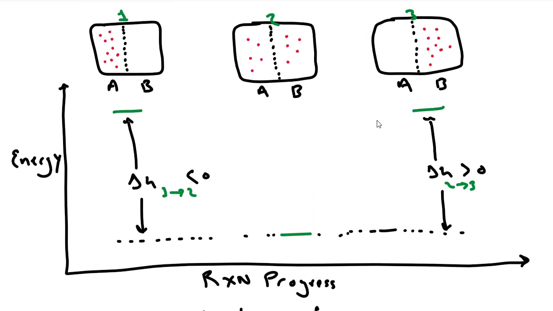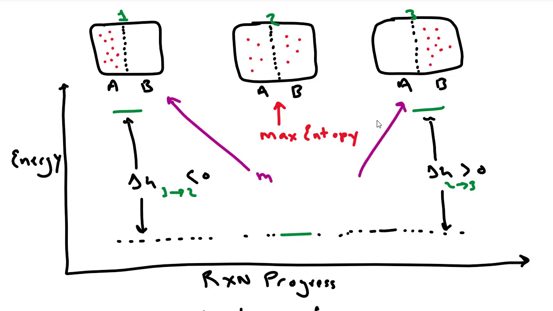Now, by just looking at this picture, you know that this is a state of the highest disorder, right? So this is max entropy. And this state and this state are minimum entropy.